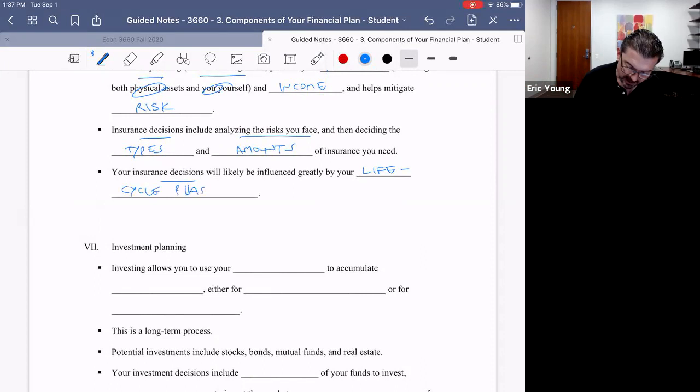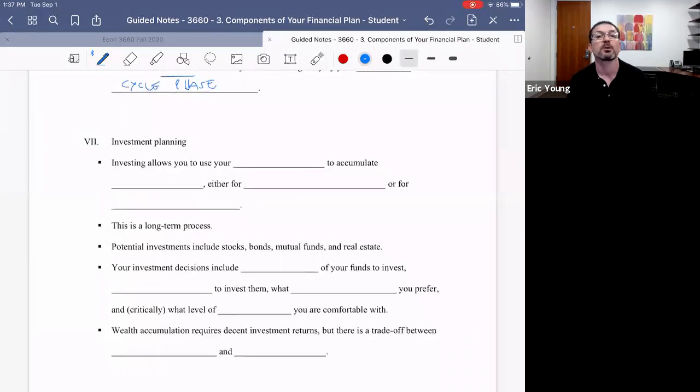And this is mainly because your risk profile will change over time, both as you yourself get older, and as you take on other obligations, both physical ones like a house and a car and property, and the ones that count, a spouse, children, people that you want to protect.